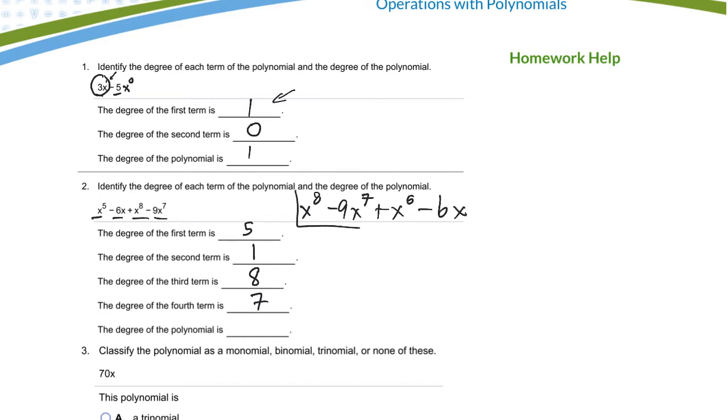That's how they really should have written the polynomial in descending order. All right, but for this question, they are just wanting you to do it in order. The degree of the entire polynomial is the highest one, and that would be the first one if it's written in descending order. So the degree of that polynomial is 8.